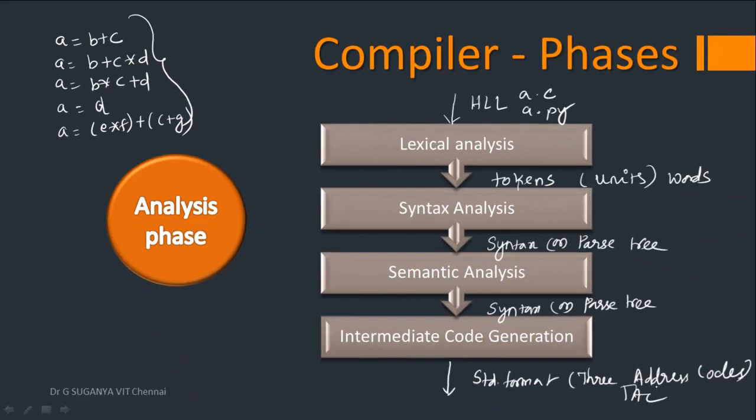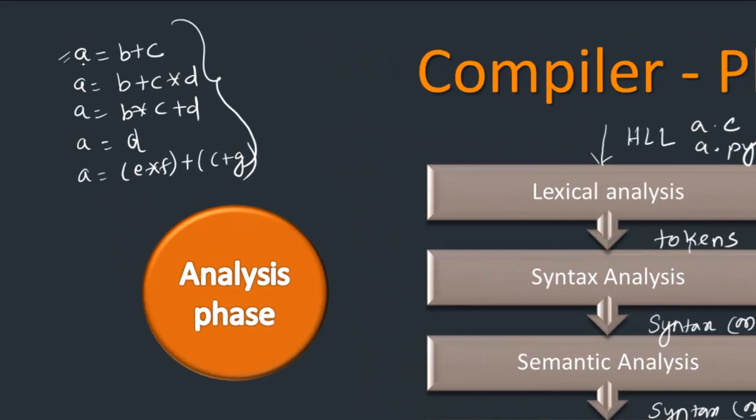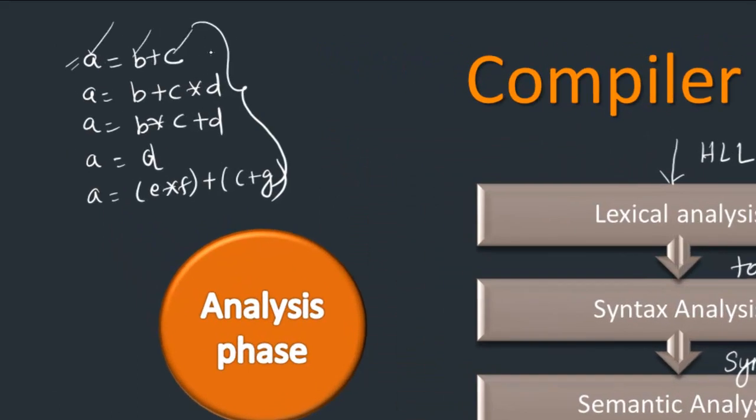TAC, in short, we call three address codes. The meaning is that in every statement, you can have a maximum of 3 addresses. Addresses refer to identifiers or constants. In the first statement, there are 3 addresses: 1, 2, 3. In a statement with A, B, C, D, it refers to 4 addresses.